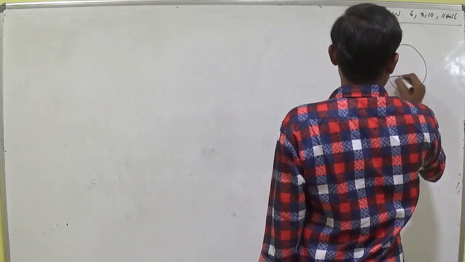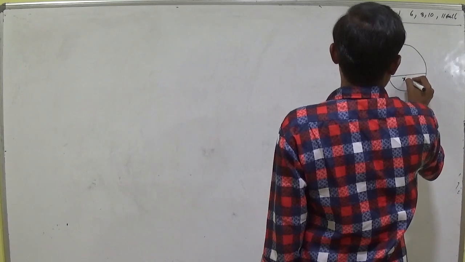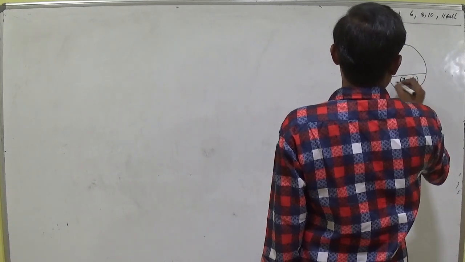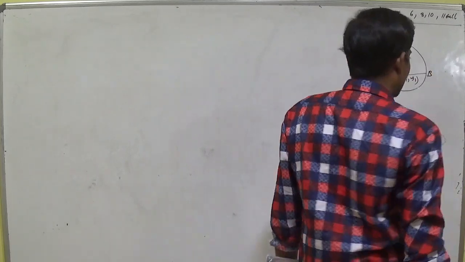Suppose this is a chord, and this is the midpoint. Midpoint is (x1, y1), AB is the chord, and C is the center of the circle.